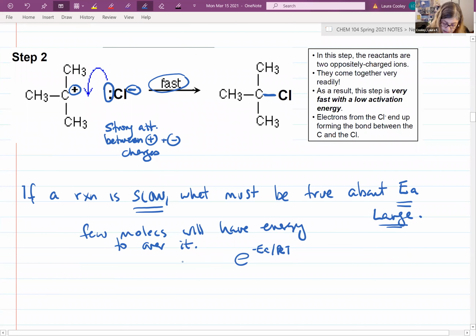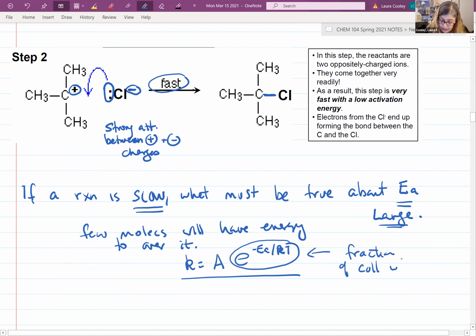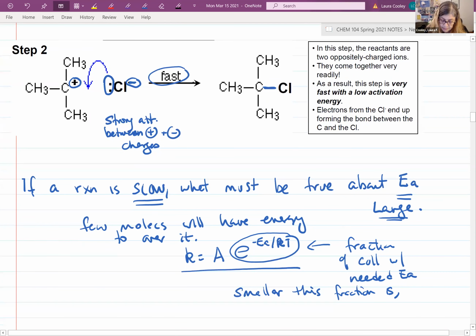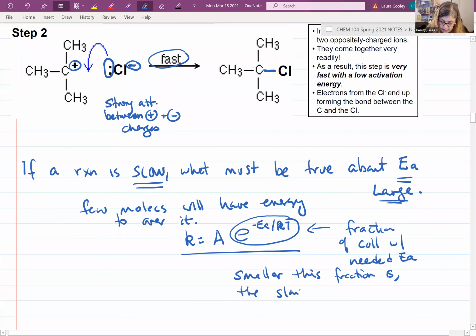Remember, that is in this Arrhenius equation. This term here is the fraction of collisions with the needed activation energy. The smaller this fraction is, the slower the rate and the longer the time, of course.